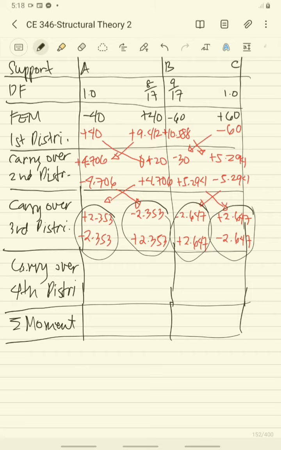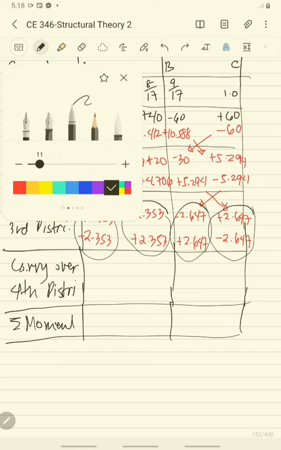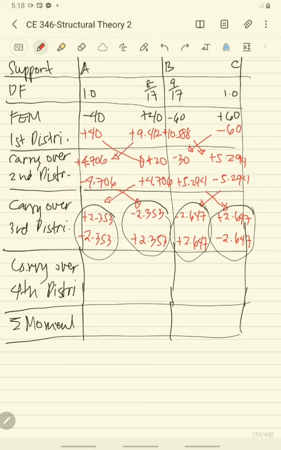So we need to sum up all the values. So for support A, negative 40 plus 4.706 minus 4.706 plus 2.353 minus 2.353. So that is equal to 0.